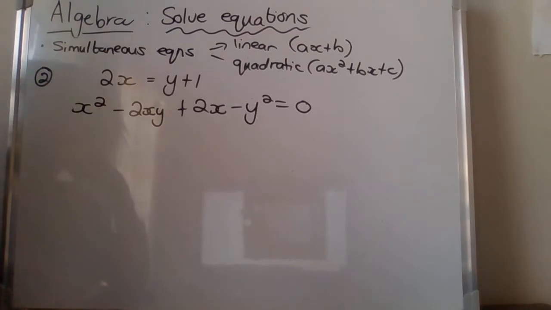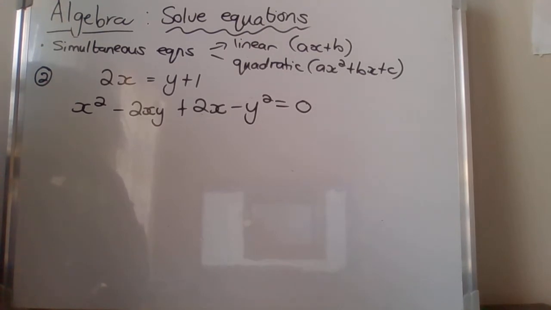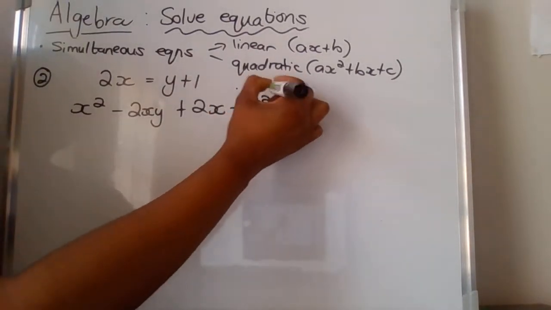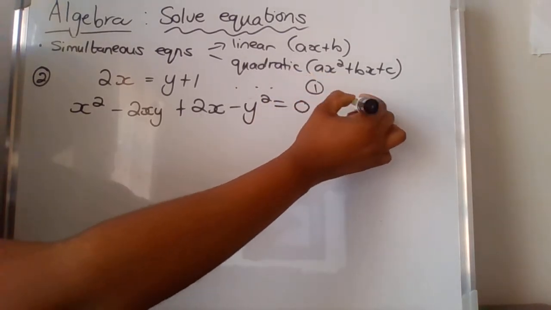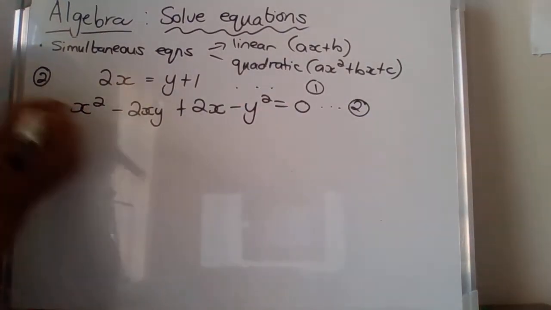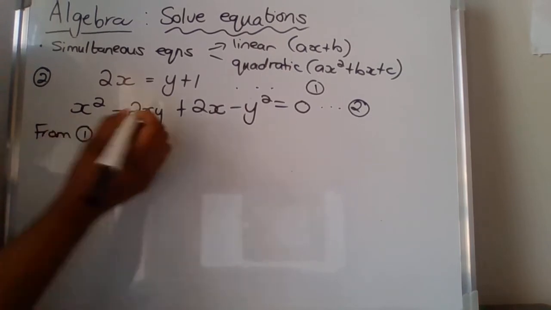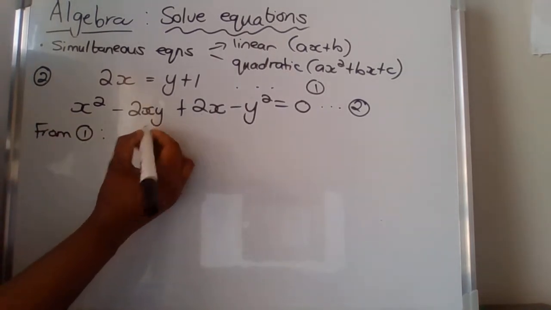Right, so here is another example. Here we have the first equation and the second equation. From the first equation, you're going to make y the subject of the formula.